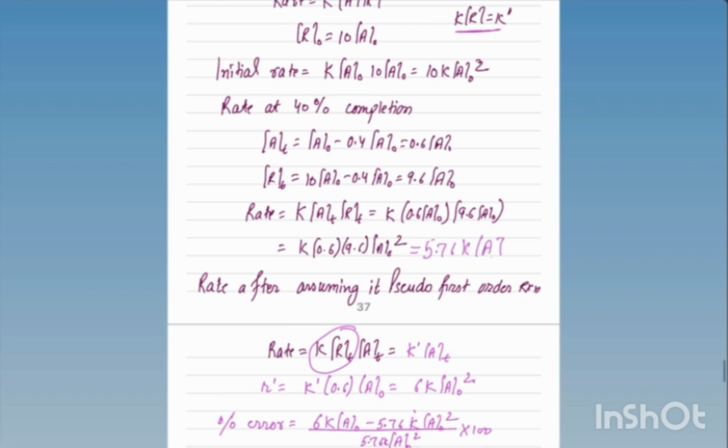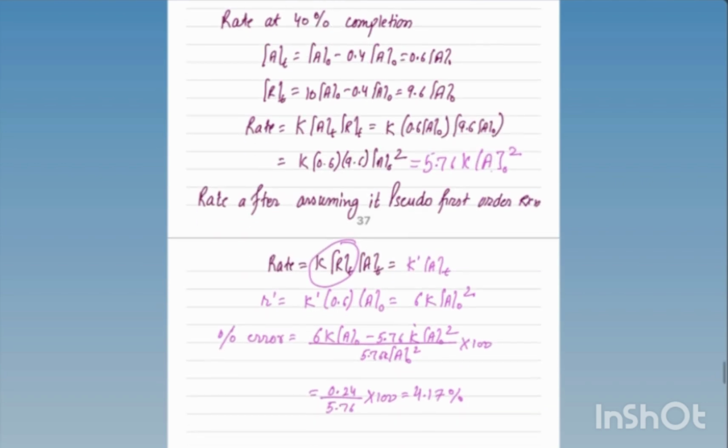This value is without considering it a pseudo first order reaction. After assuming the pseudo first order reaction, the rate will become equal to this, because now this 10 A naught will not reduce to 9.6 A naught. It will remain 10 A naught because we are considering it as a constant. That's why the error will be equal to 0.24 divided by 5.76 into 100, and the answer should be 4.17.